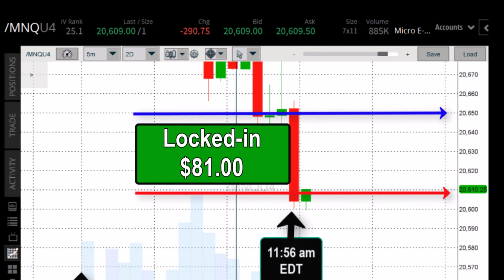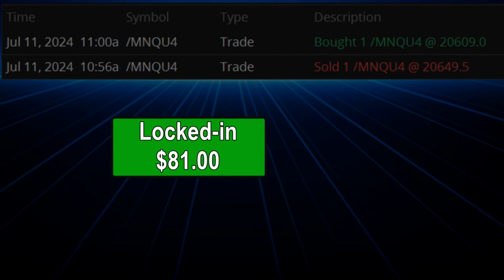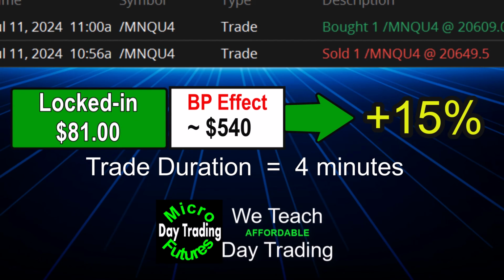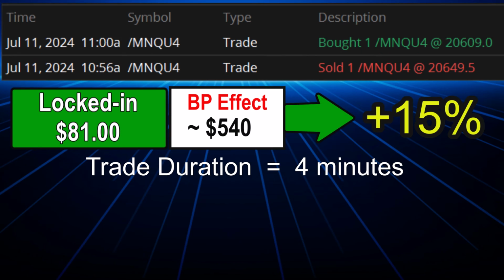Now, my initial margin requirement on this trade was about $540, and I made an $81 return. That's an amazing 15% return on that BP effect amount in only 4 minutes. That's crazy good. Of course it is. A regular bank passbook savings account right now is paying a little under 5%.